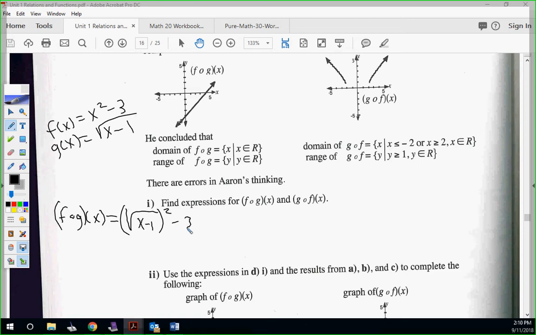Now, they cancel here, so you get x minus 1 minus 3, so you get x minus 4. So x minus 4 is the function of f of g, but we're going to come back to that. See this here? That's actually what that is. That starts at negative 4, up 1 over 1. So his graph is mostly right. We're going to talk about, here's a domain issue.